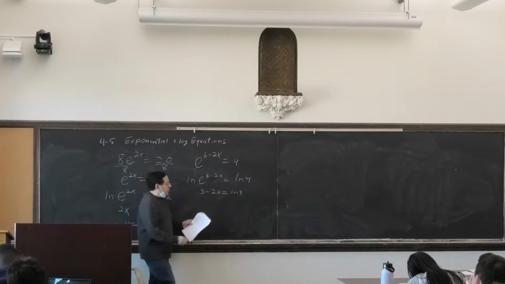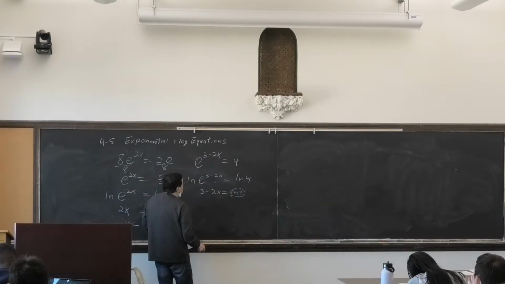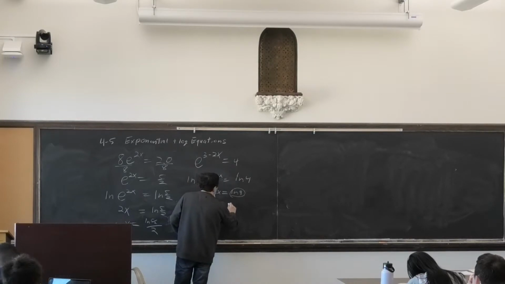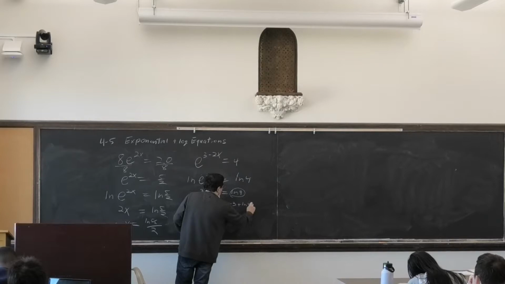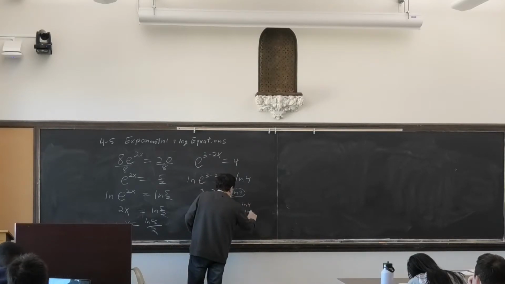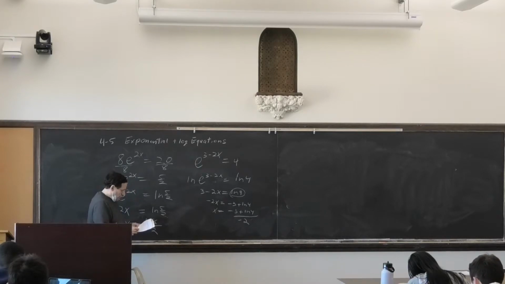From here, this is just a number. You don't have to worry about its value. We can just solve for x. All right, minus 2x equals minus 3 plus 4. X equals minus 3 plus 4 over minus 2. Which again, if you want a decimal number, you can use your calculator.